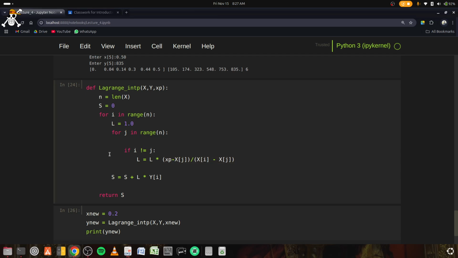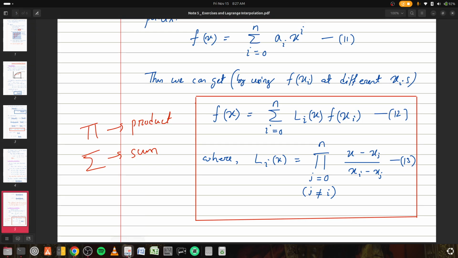Then we add them together with this L, the Lagrange polynomial, multiplied with the y data point f of xi, right?